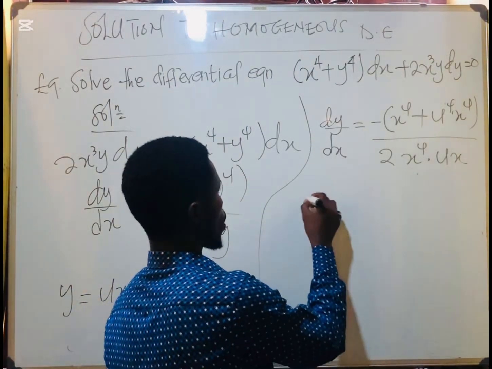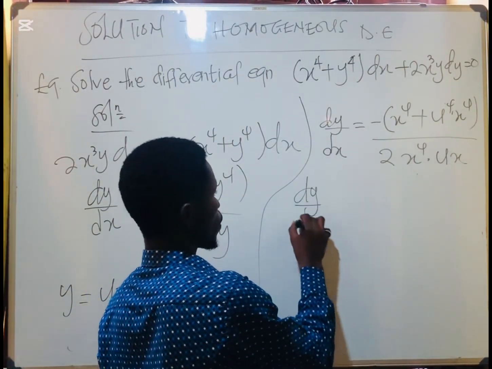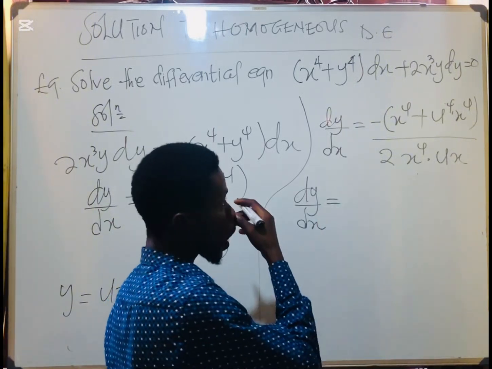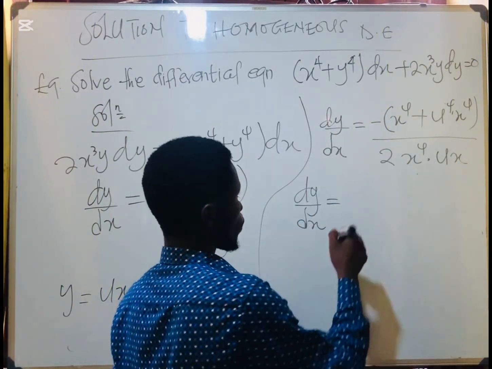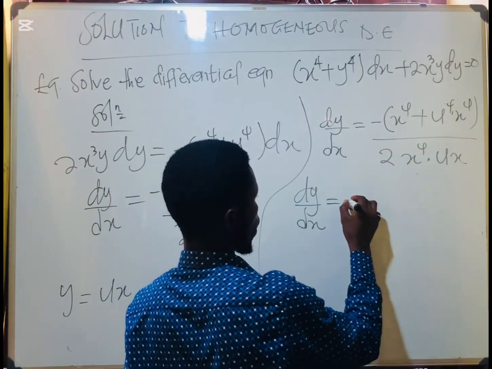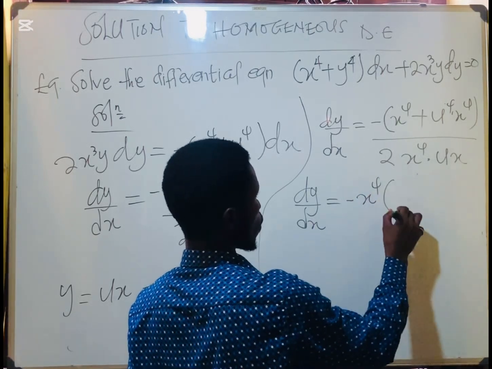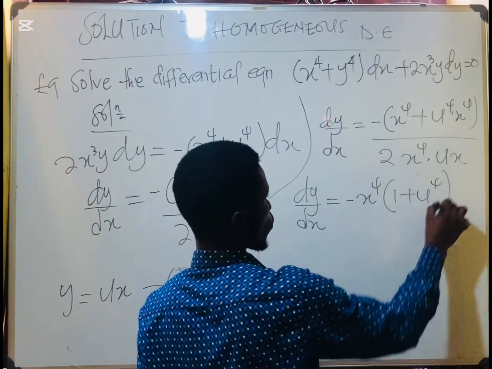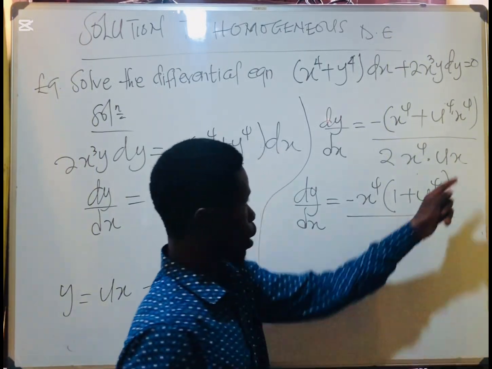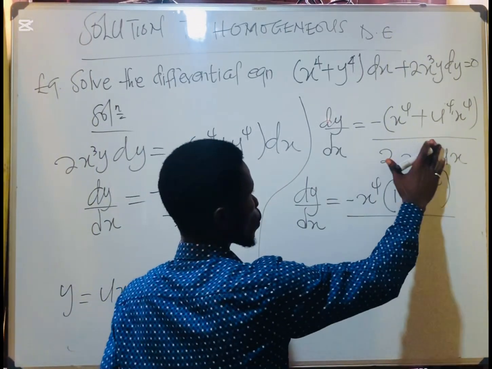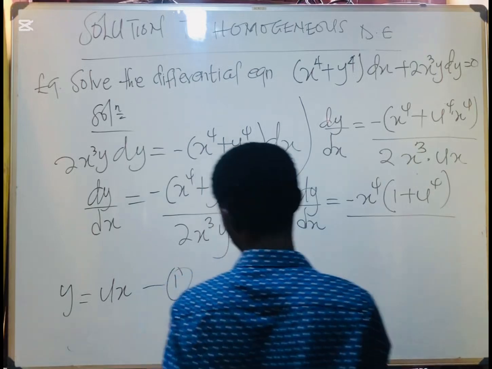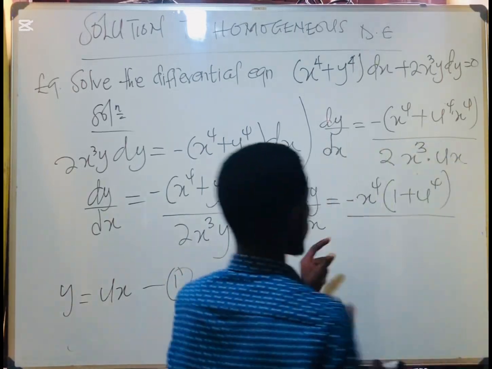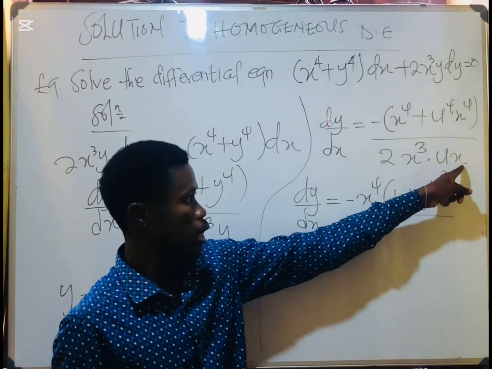So now from here I have dy/dx = x⁴ coming out, so I have (1 + u⁴) all divided by, sorry, this is power 3 because it's x cubed here. So x power 3 times x, that would be x power 4.